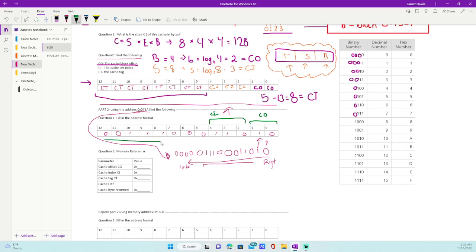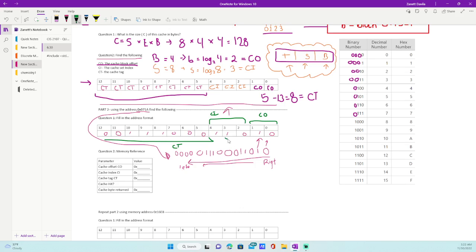And all this will be our cache tag. This is very important to note, because right here, 110, what is that telling you?